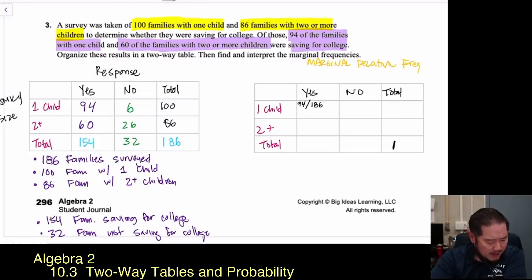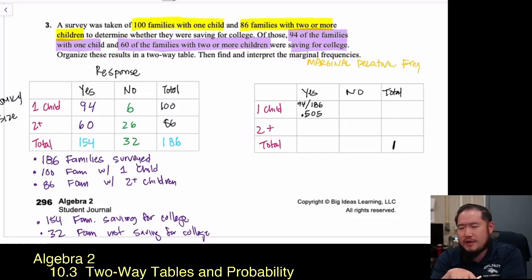So 94 over 186 would be our simple ratio. You could simplify it, but for what we need to do, we use our calculator, and you get 0.505. Let's round to the thousandths, so about 50.5% of the families with 1 child are saving up.